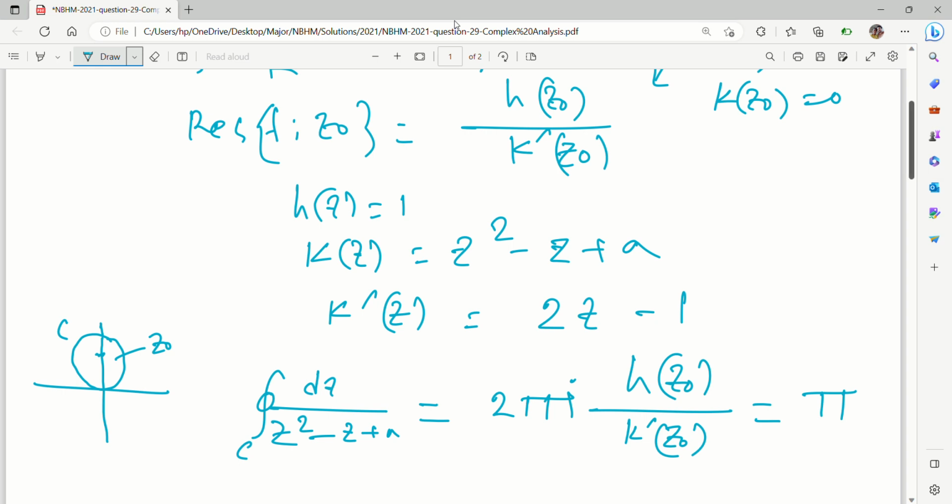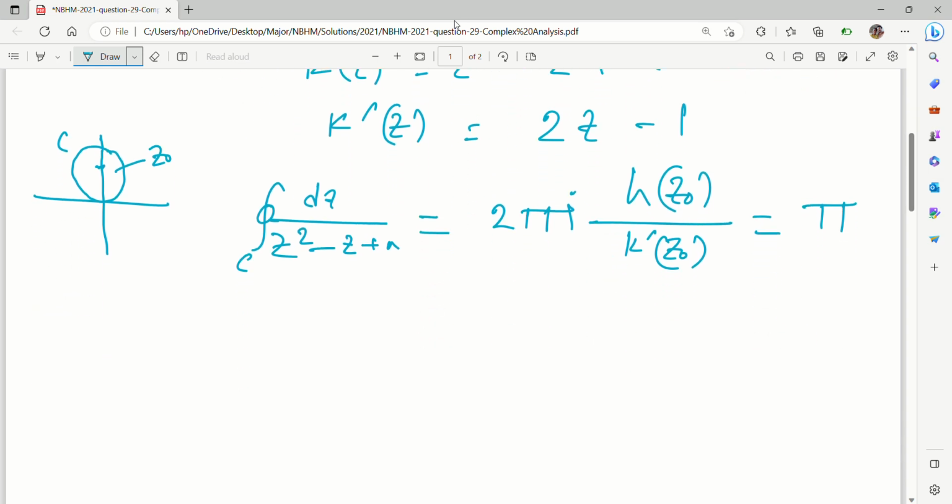So this implies 2 pi i times 1 by 2 times z0 minus 1 equals pi.